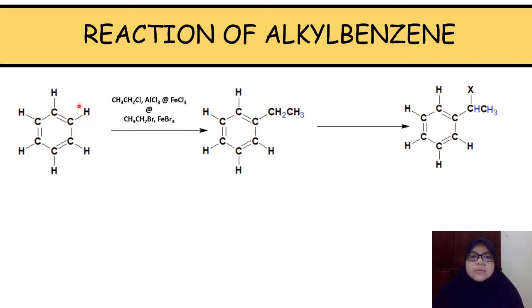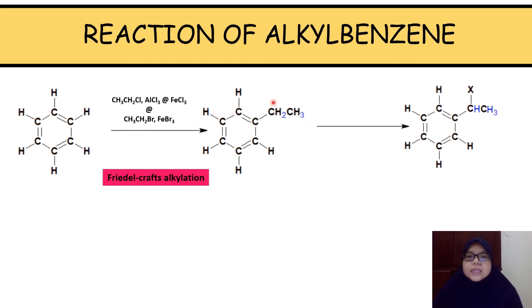To replace the hydrogen with an alkyl group, we use this haloalkane, either CH3CH2Cl or CH3CH2Br, in the reaction we call Friedel-Crafts alkylation.